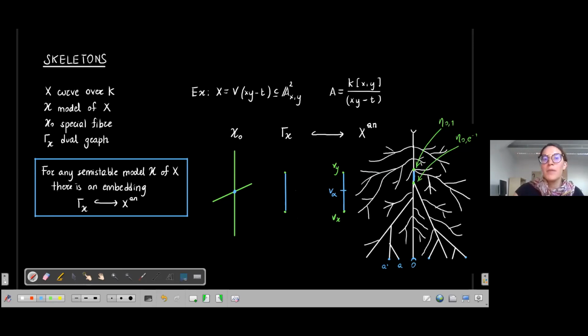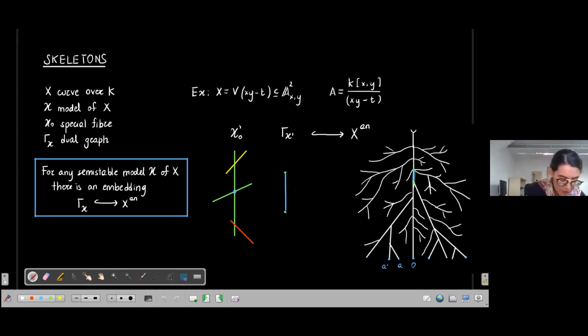Okay, but we can, again, play the game of changing the model. So let's see what happens when we change the model. For instance, now suppose it's called curly X prime. It has a new special fiber, a new degeneration with more components. Since I have new components, for instance for this yellow one, I need to add a new vertex in my dual graph. Also for the red one, I need to add a new vertex.